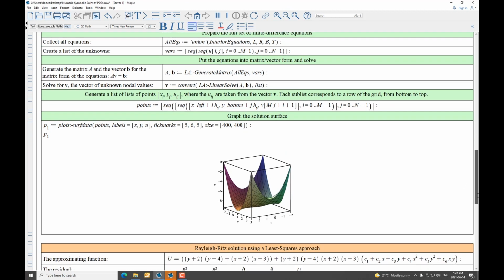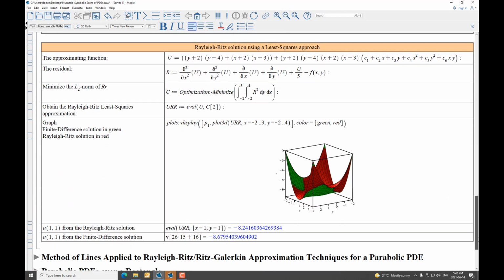Finite differences is not the only way you can approximate a solution to an elliptic problem. You can do the same kinds of Rayleigh-Ritz type solutions. Here is a Rayleigh-Ritz approach using least squares. So you need a template function. Here is the part that's going to satisfy homogeneous conditions.